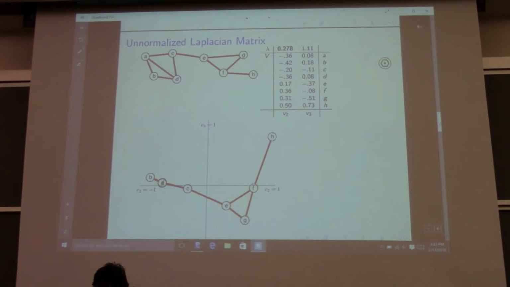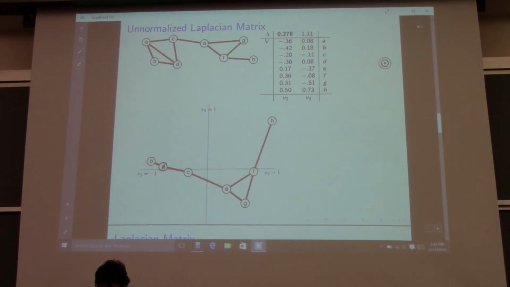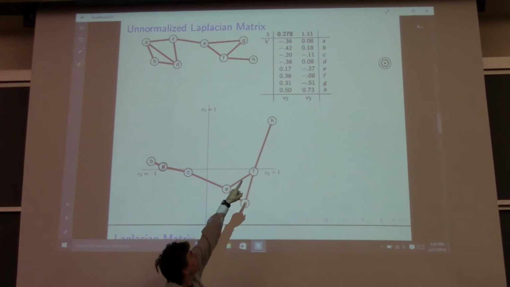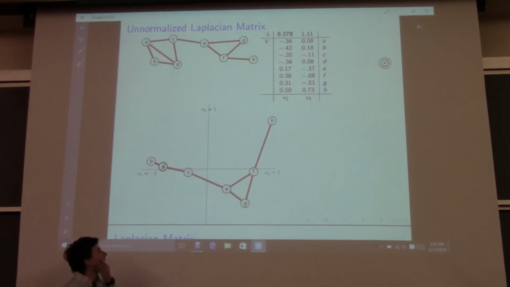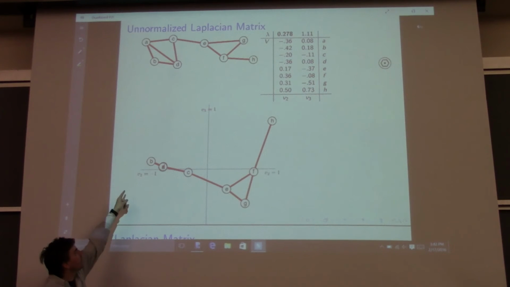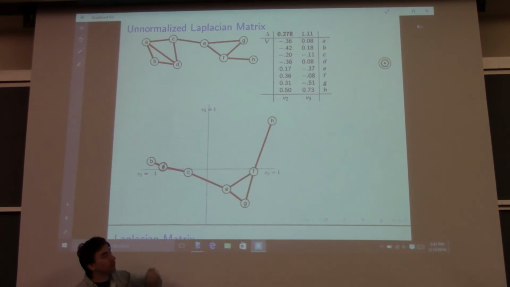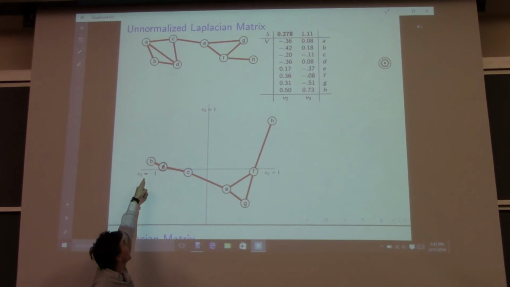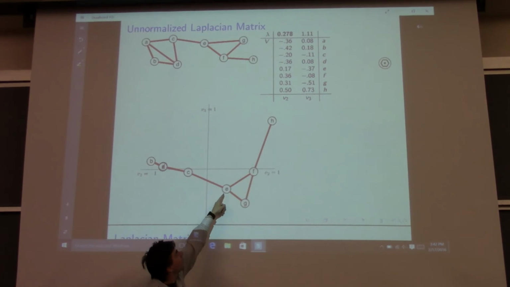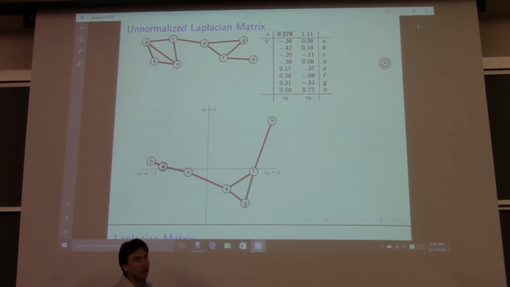In fact, it's more interesting than that. I'm just looking at V2 and V3 here, the first two eigenvectors. If I look at V2 and use those as the x-coordinate, and V3 as the y-coordinate, but just look at the x-coordinate, then they were minus signs: minus 0.42 for B, minus 0.36 for A and D, minus 0.2 for C, and then plus 0.17 and so forth for E, G, F, and H. That tells me how to draw them on a line.